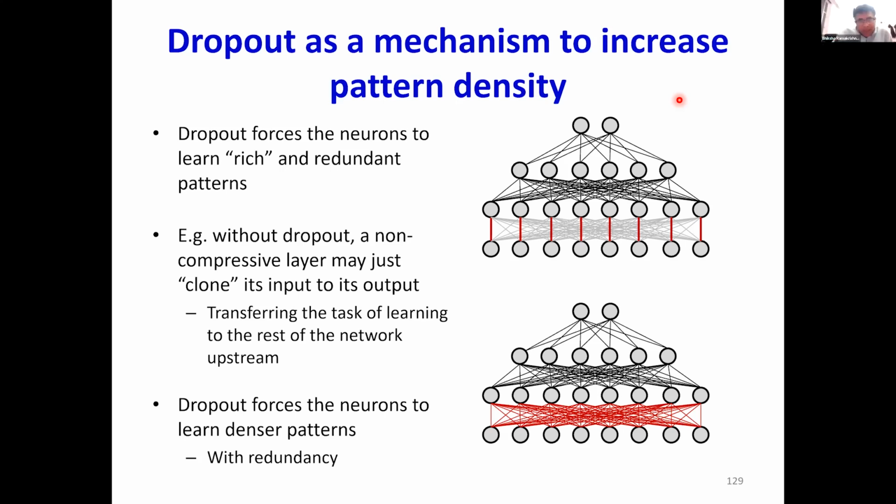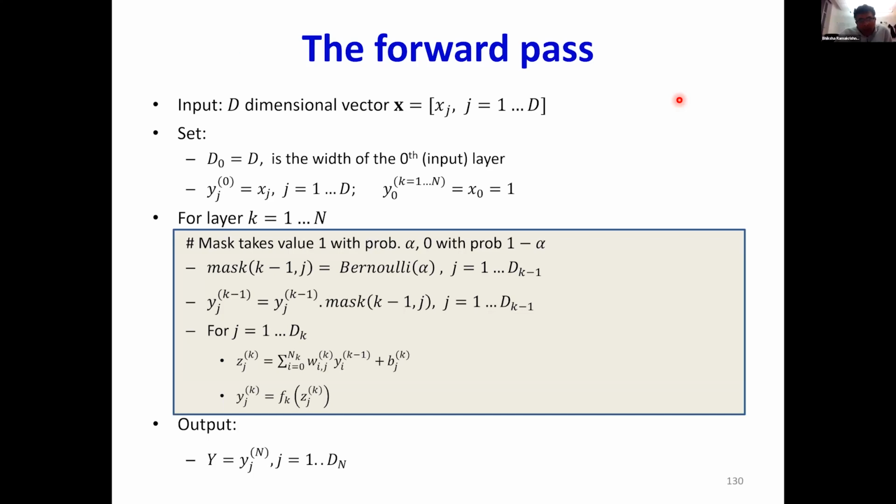And both are related. And so how would you actually implement dropout? When you're going through the network, at each layer, you're just going to go through all of the neurons and flip a virtual coin. The virtual coin can take a value 1 or 0, and you create a mask, which is simply the output of this virtual coin.